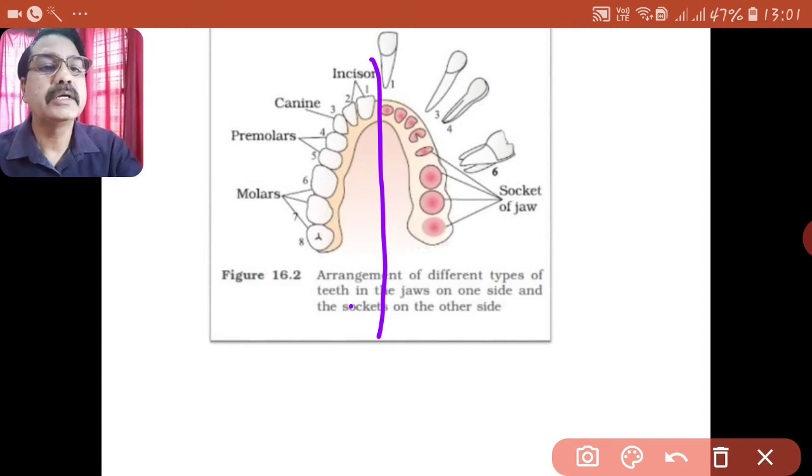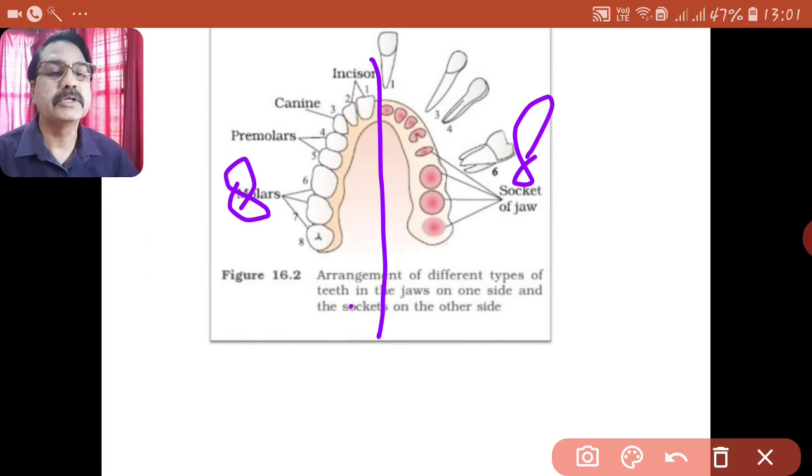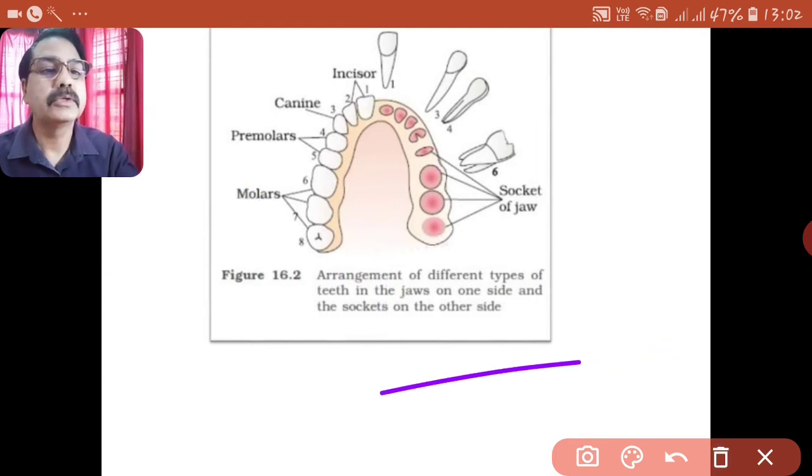You can see here the sockets of the jawbone where the teeth are fixed. So there are 4 types of teeth, arranged in 2, 1, 2, 3. This is the dental formula we will learn later on. Now we move to the next topic.